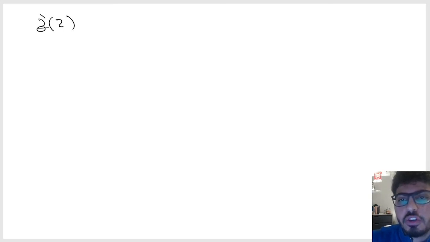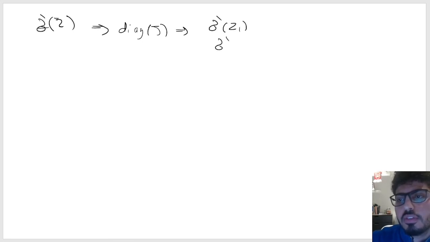So instead of computing the entire large Jacobian, which is the vectorized derivative of the sigmoid function, when we know that all the elements will be zeros anyway, we can just calculate the diagonal of this Jacobian matrix, right? Which is just the derivative of the sigmoid at z1, the derivative of the sigmoid at z2, and the derivative of the sigmoid at z3, and that's it.